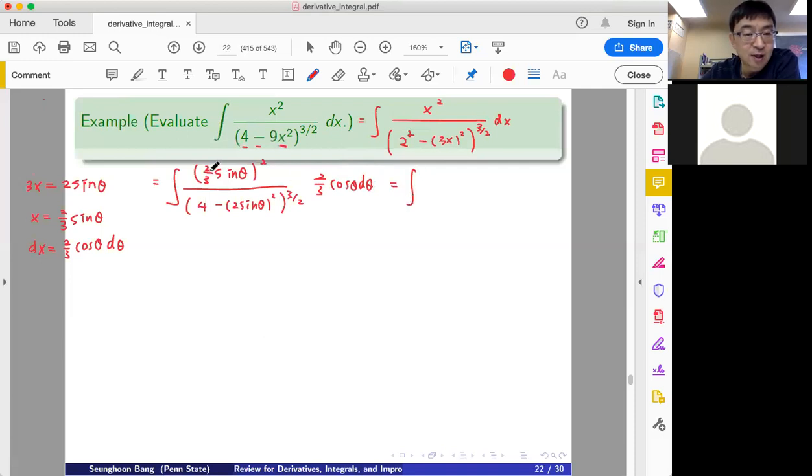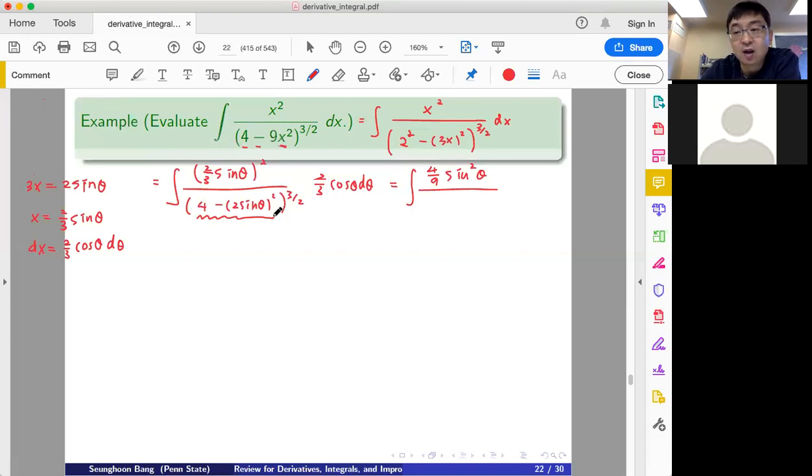Simplify: 4 over 9 sine squared. So what's that? You have to simplify here. The 4 minus 2 sine theta squared is exactly 4 minus 4 sine squared. Factor out 4.